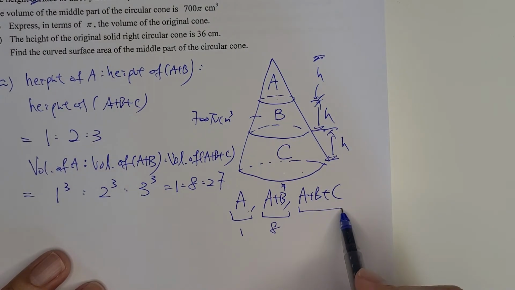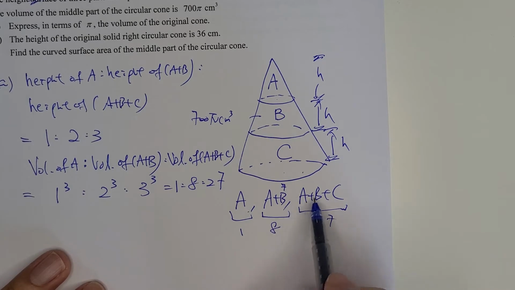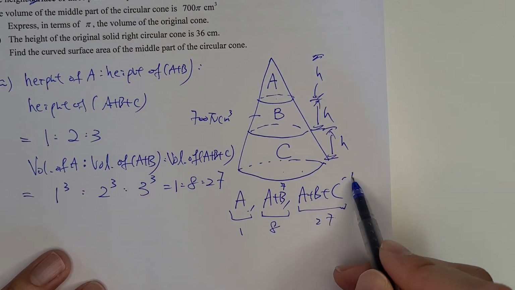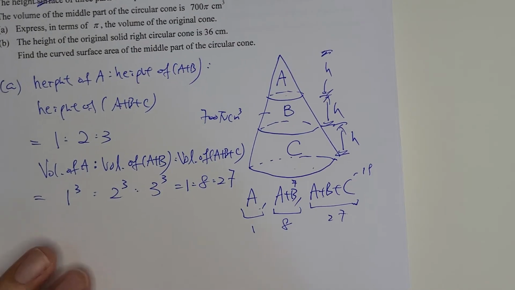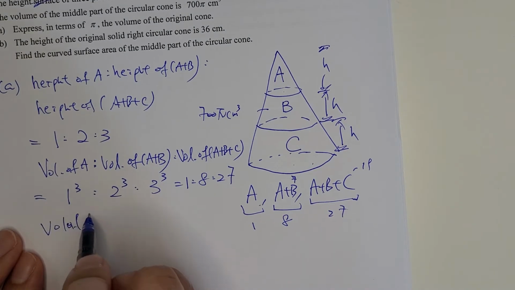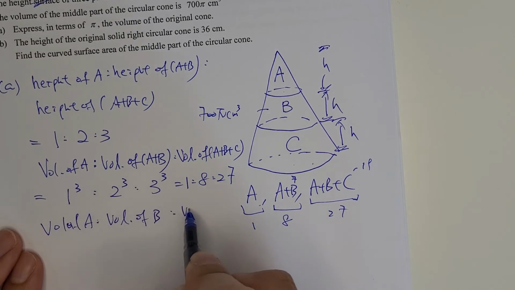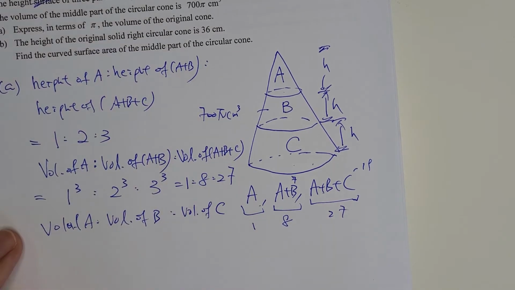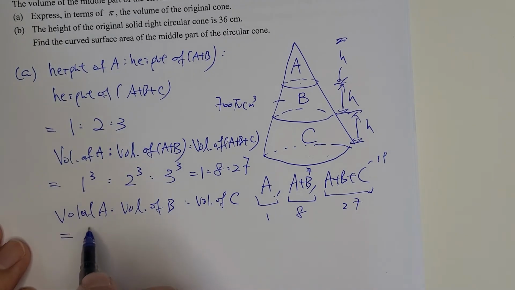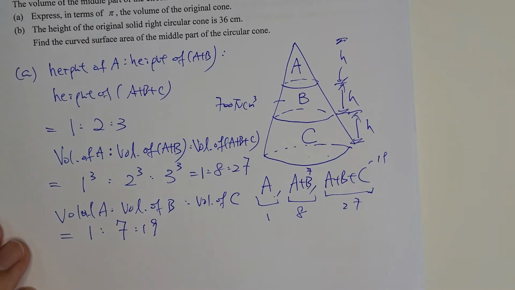Also, A plus B plus C occupies 27 parts. And A plus B occupies 8, so C occupies 19 parts. So finally, volume of A to volume of B to volume of C is 1 to 7 to 19.